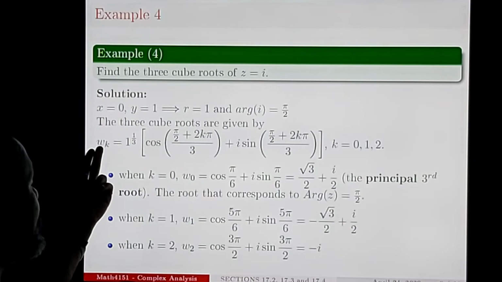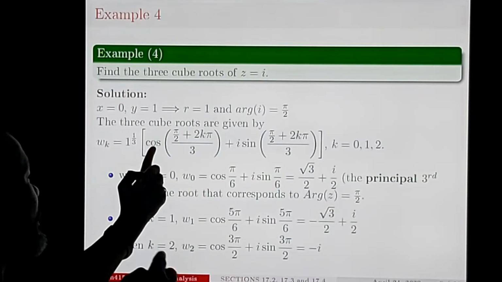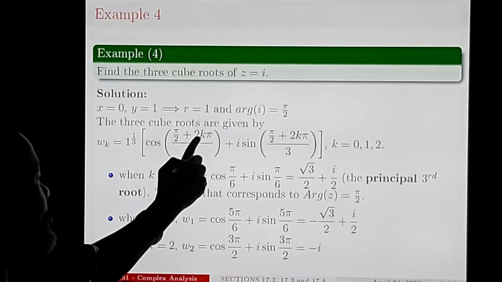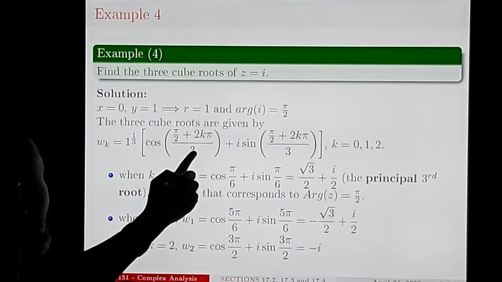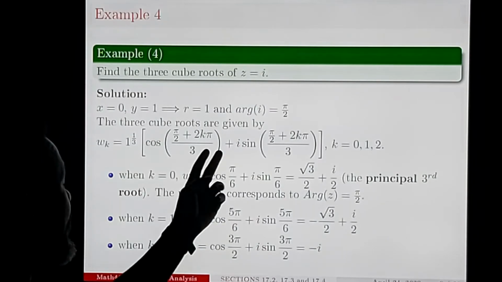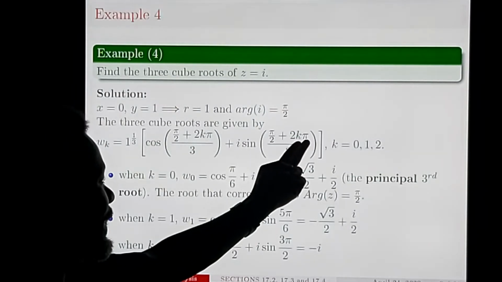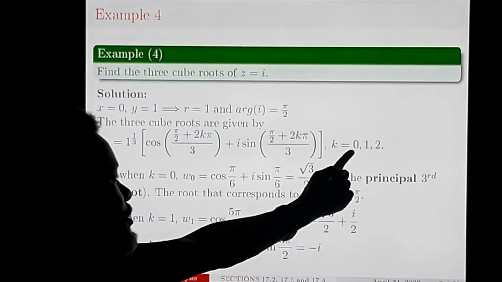So the 3 cube roots will be 1 times cos of (pi over 2 plus 2k pi) over 3, plus i sine of (pi over 2 plus 2 pi k) over 3. Sorry, there was an echo, I hope it sounds better now. k is 0, 1, 2.